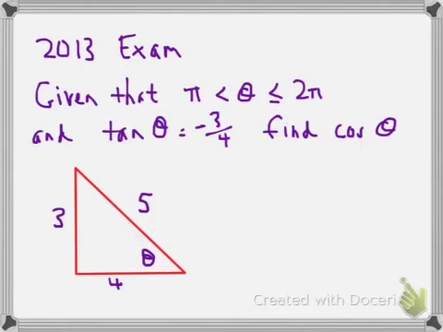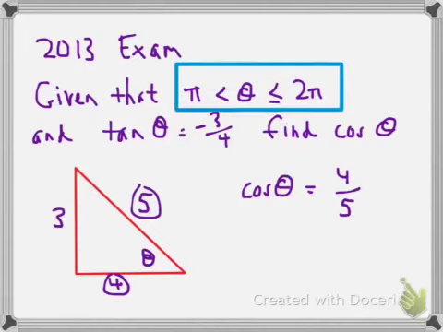So now we're finding cosine theta. Cosine theta equals what? Well, cosine will be adjacent over hypotenuse, so 4 on 5. Now, what quadrant are we in? Well, we're told that our angle could potentially be between pi and 2 pi, but we're also told that our value for tan is negative 3 on 4.